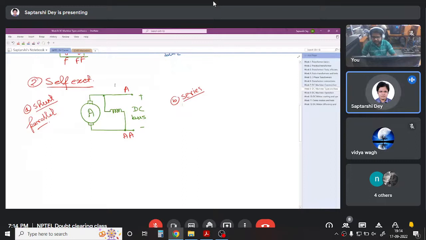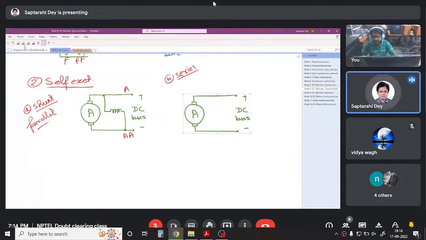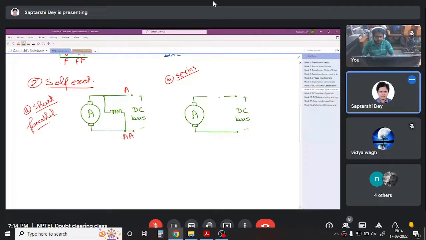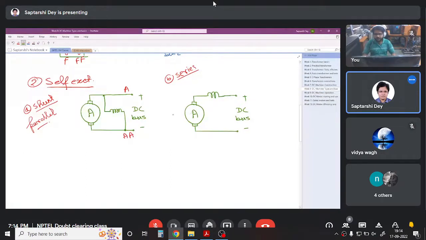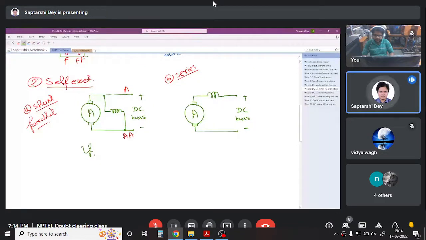So when we have series excited, as you can now guess, the field winding is in series with the armature. In case of shunt winding, we had field voltage same as armature voltage.